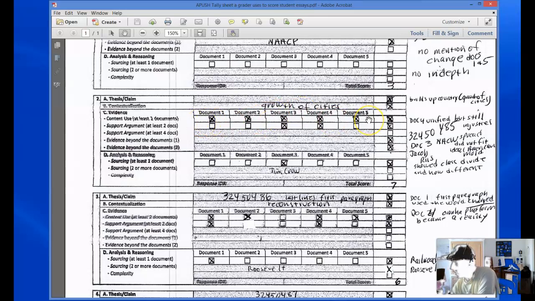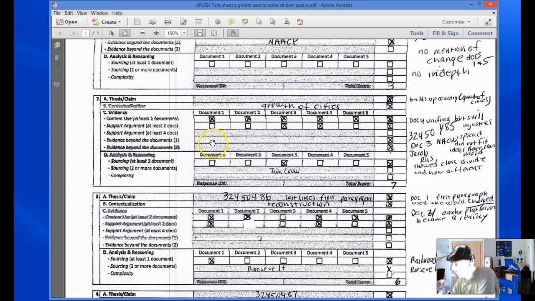They mentioned all 5 docs. In their essay, they wrote down all 5 documents, but out of the 5 documents they mentioned, only 2 of them they used to support their claim. Only 2 of the documents they used to support their claim. But it was still good enough for another point.